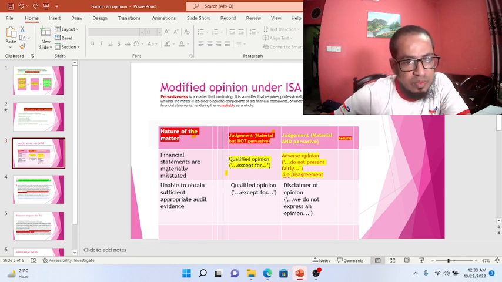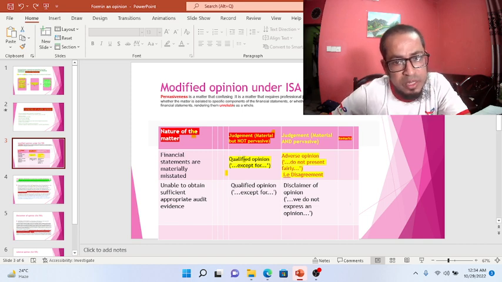In the case where the financial statements are materially misstated and the auditor is unable to obtain sufficient appropriate audit evidence, the auditor can issue a qualified opinion. This kind of sentence uses 'except for'. If the matter is material but not pervasive, students should look into whether the matter is pervasive or not.